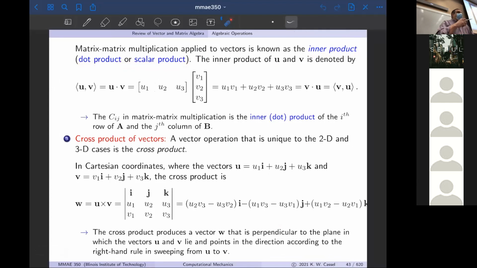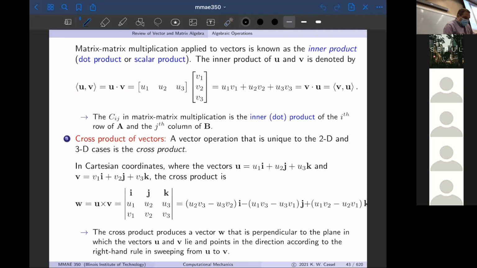So this is matrix multiplication, but applied to vectors. So when you have a vector times a vector, there's two different ways to do it. The matrix multiplication way is the inner or dot product. The notation we usually use is either U comma V in these angle brackets or U dot V. Okay, it's the usual notation.